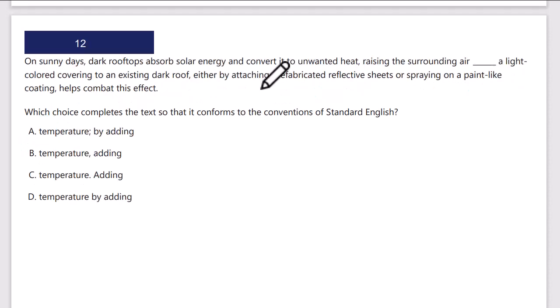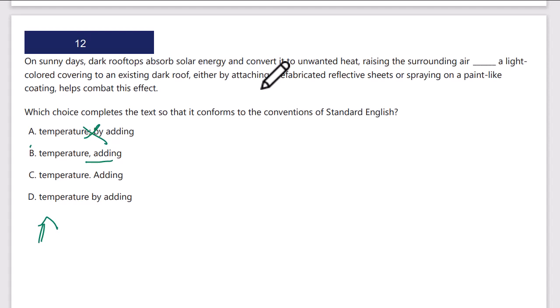On sunny days, dark rooftops absorb solar energy and convert it to unwanted heat, raising the surrounding air temperature by adding, no, that's not going to be right, by adding a light colored covering to an existing dark roof. Or possibly just comma with a participle, adding.